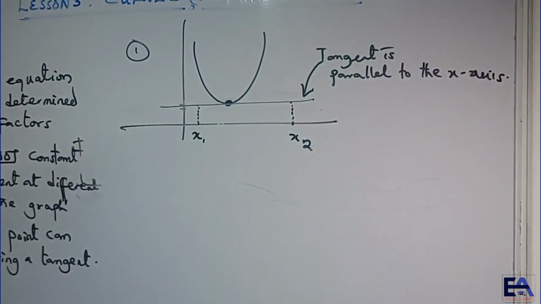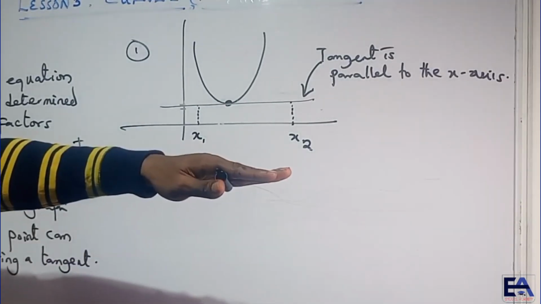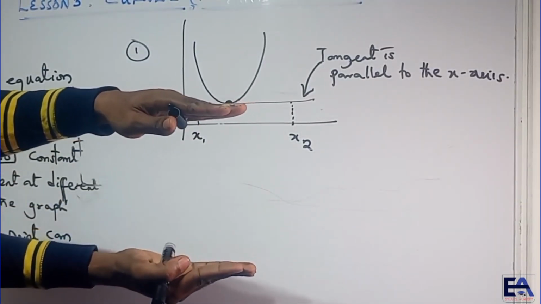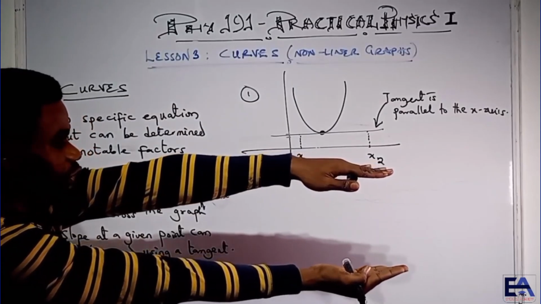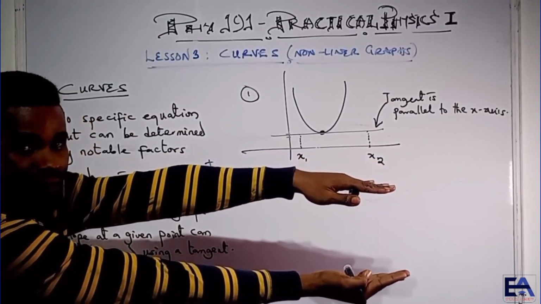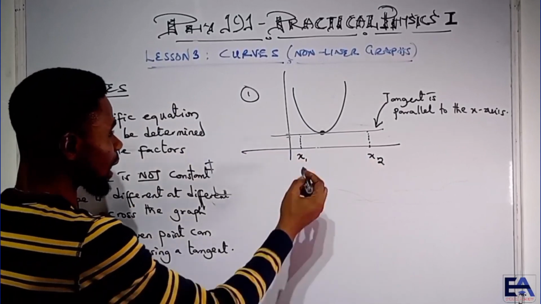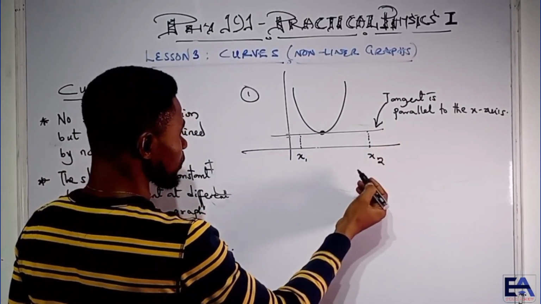When the tangent is parallel to the x-axis, what happens? It means that this is the x-axis, this is the tangent, the 2 of them are totally parallel. No matter how you extend the line, they will never meet, they will never join. So they are parallel lines. So what happens in that case? The tangent is parallel to the x-axis.